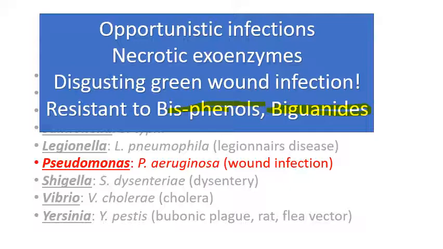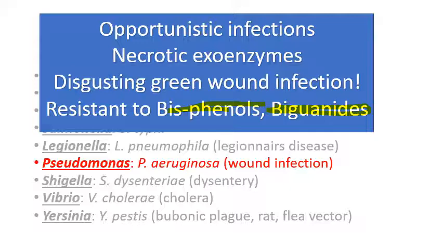It actually encourages growth of Pseudomonas aeruginosa. Why do they still clean hospitals with these compounds? I don't know. They're supposed to know. The hospitals are supposed to have infection control experts, but apparently some of them don't. So if you're ever in the hospital, you should ask them about that, making sure they're not using bisphenols or biguanides to clean the hospital.